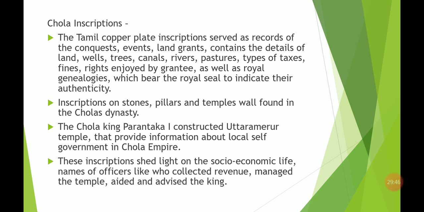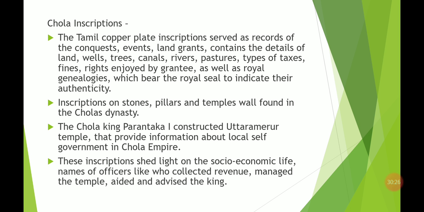They contain details of the land: how many lands there were, wells, trees, canals, rivers, pastures. This information is written in those inscriptions. Also the types of taxes and fines charged to the people were mentioned in the copper plate, as well as rights enjoyed by the grantee, like the Brahmins enjoying revenue-free lands, and royal genealogies. What is royal genealogy?